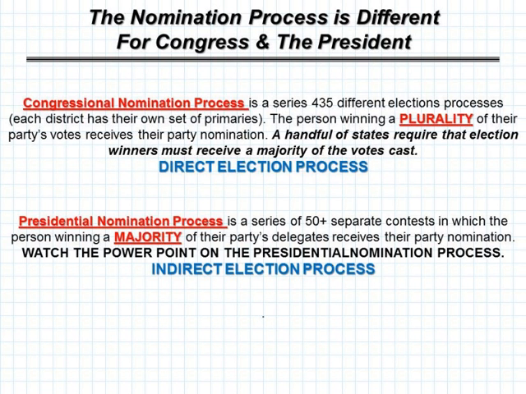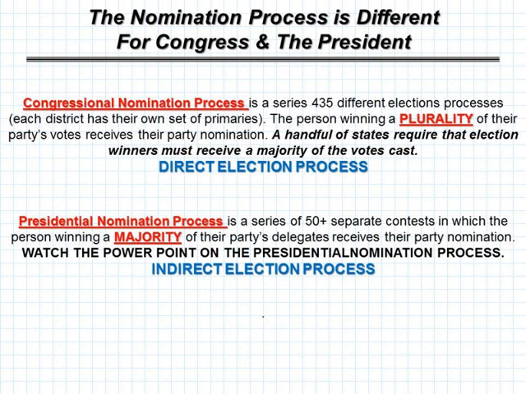When we look at the presidential nomination process, this is much more complicated. There are actually a Republican nomination contest and a Democratic nomination contest in each of the 50 states.